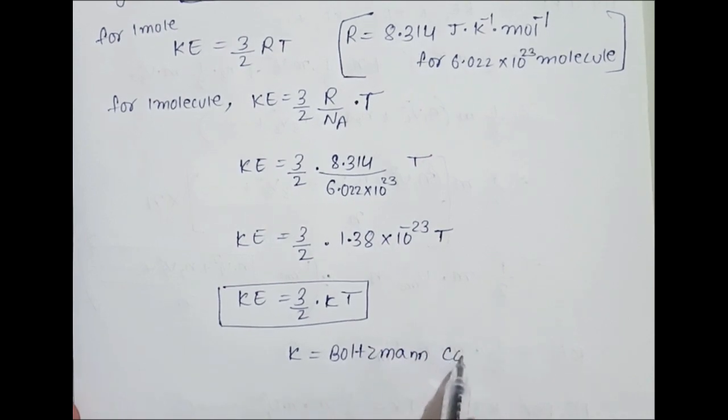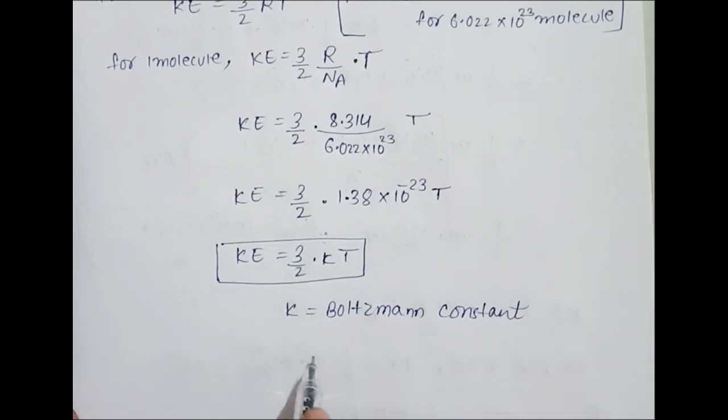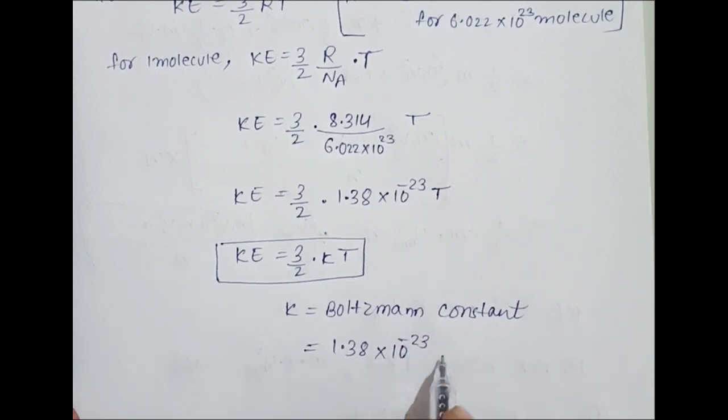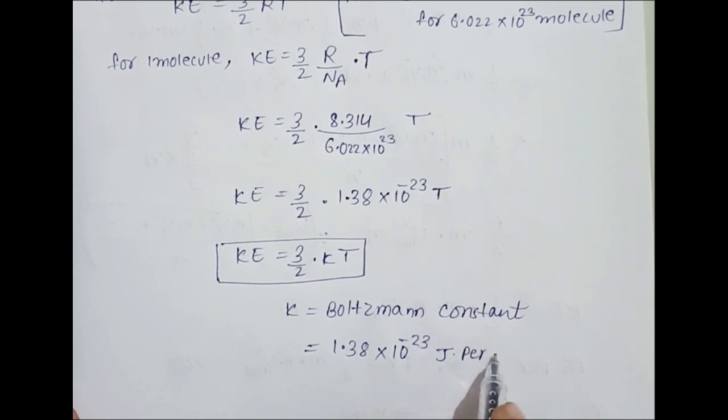Its value is 1.38 into 10 power minus 23 joule per molecule. It is very simple.